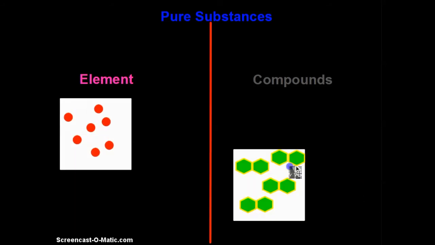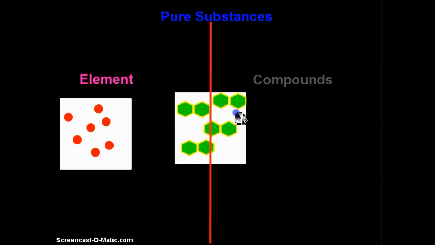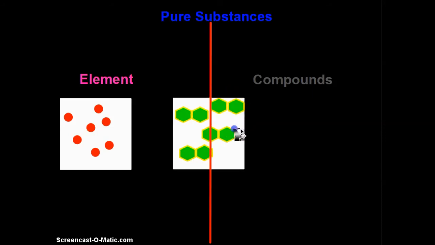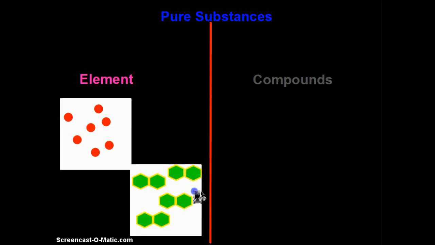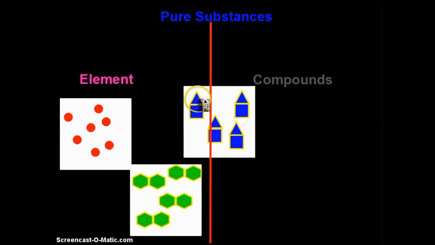If we bring in another sample here, we have our green shape, and they're all the same type of shape. So that's going to be another element, because they're all the same atoms. This final one has a triangle bonded to a square. Two different types of atoms, if we're calling the shapes atoms here.